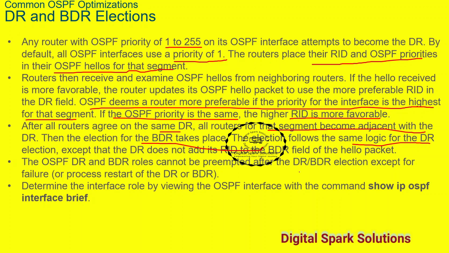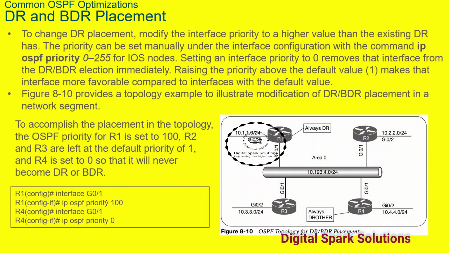The OSPF DR and BDR roles cannot be preempted after the election except for failure. Determine the interface role by viewing the OSPF interface with the show ip ospf interface brief command.